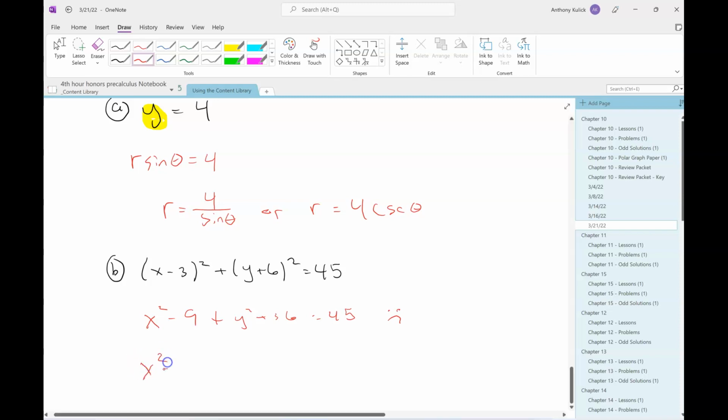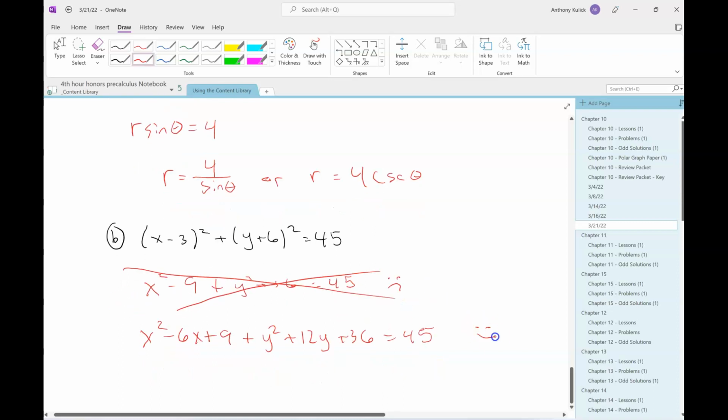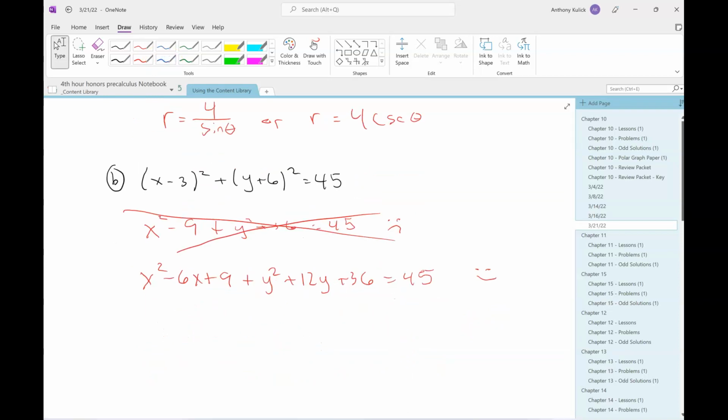What should we be doing? Foiling. That makes Mr. Kulik much happier. Okay, so we foiled it out. Now what should we do? Okay.